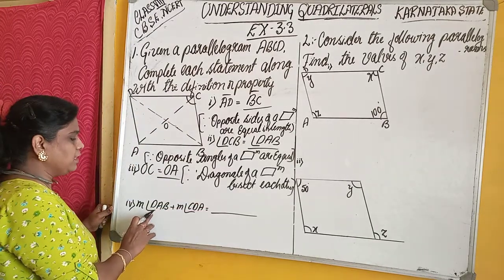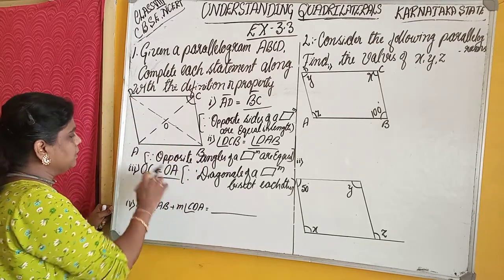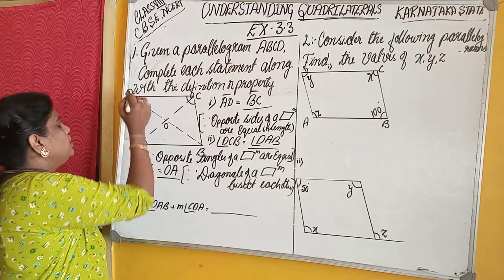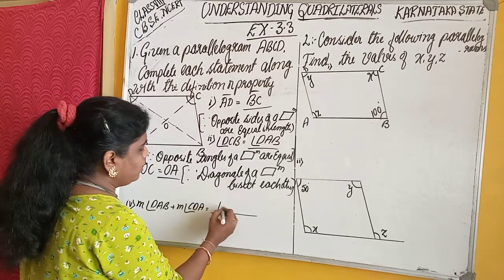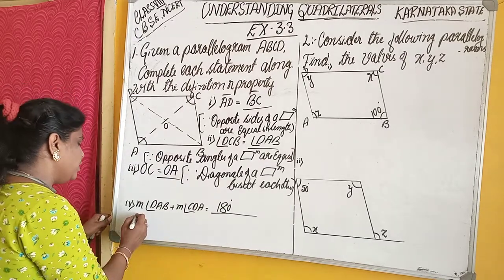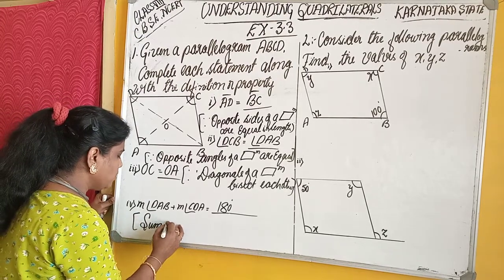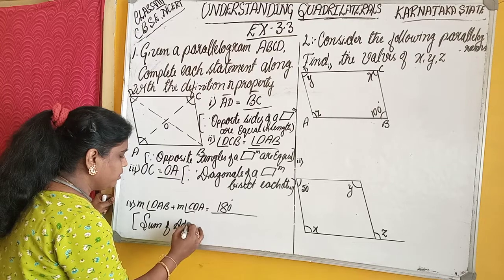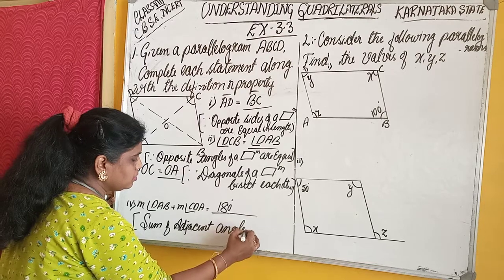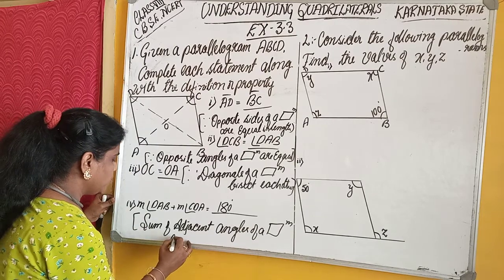And the measure of angle DAB plus the measure of angle CDA, the measure of this angle and this angle is equal to 180 degrees. This is by the property that the sum of adjacent angles of a parallelogram are supplementary.